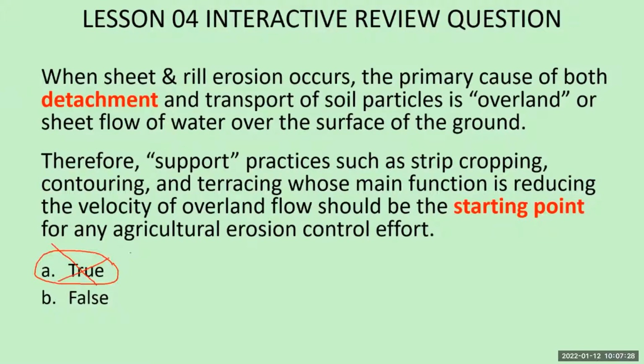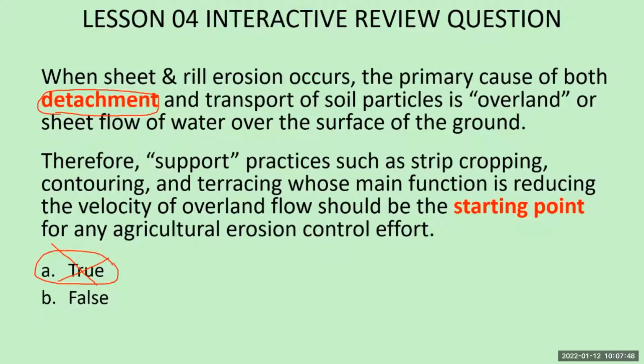The primary cause of detachment, all right, highlight, is raindrop impact. If you don't have raindrops hitting bare soil, you're not going to have much sheet and rill erosion.